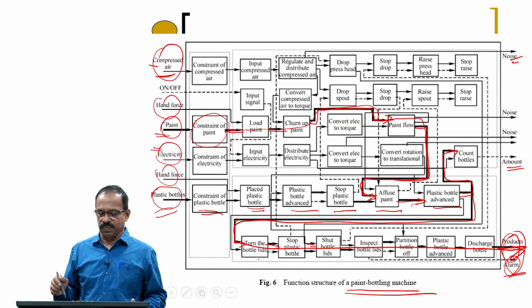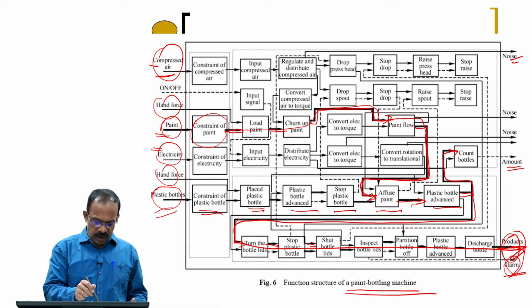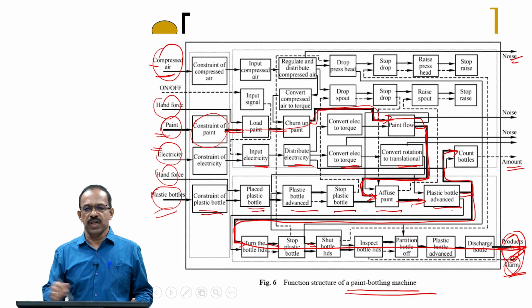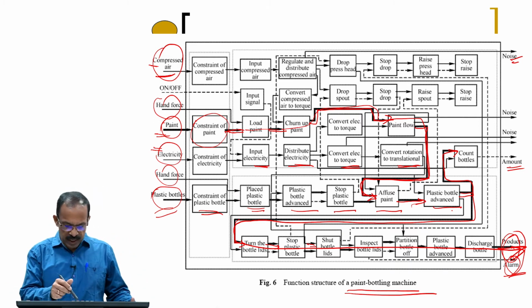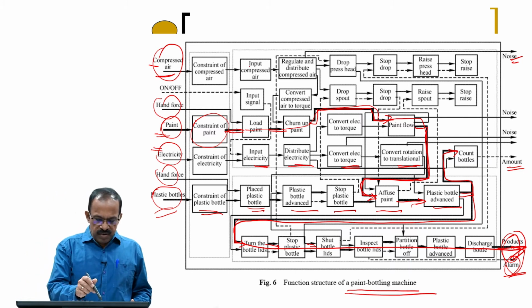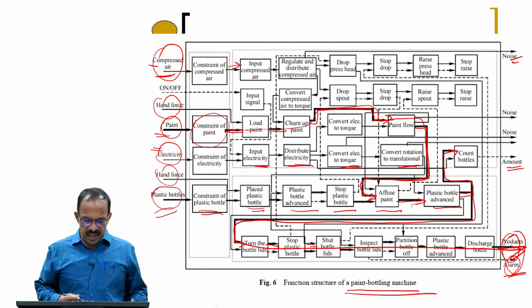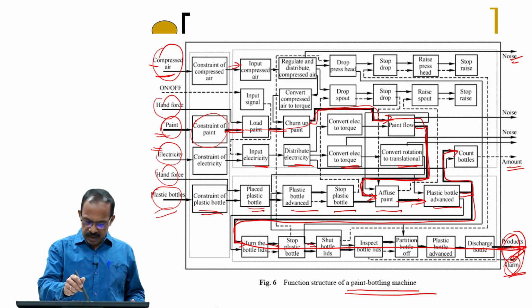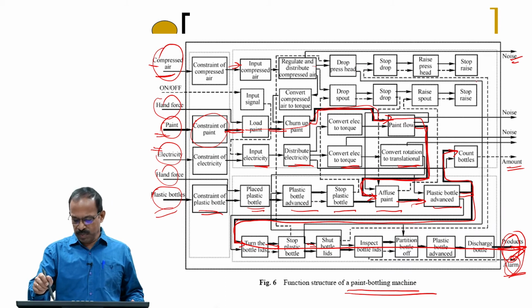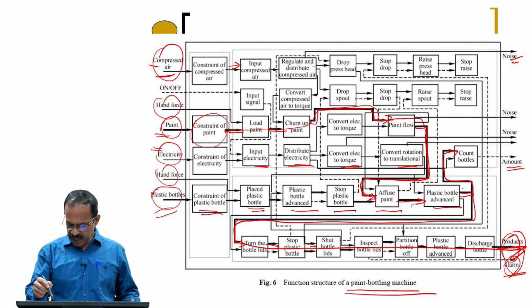With electricity, you input electricity, distribute it, convert electricity to torque, and convert rotation to translation, and that goes for filling and moving the bottles. Up to here it is electricity, after that it is mechanical motion. Same way, the compressed air is regulated and distributed, and used for developing the press head and for starting and stopping, because that will be used for filling the bottle here.